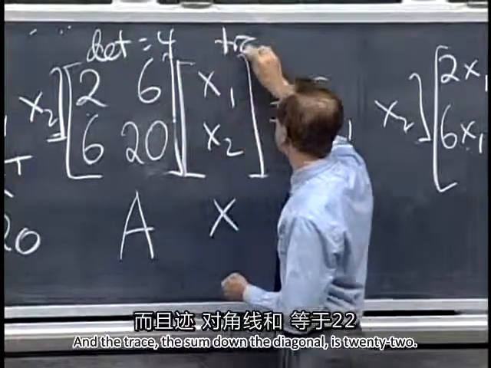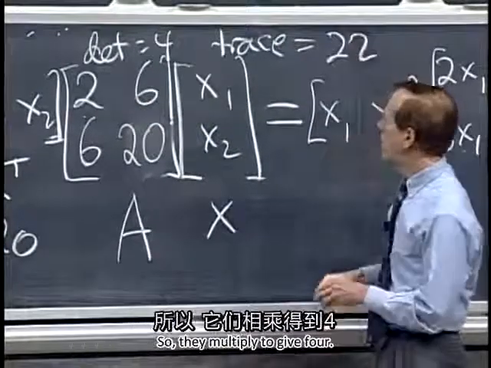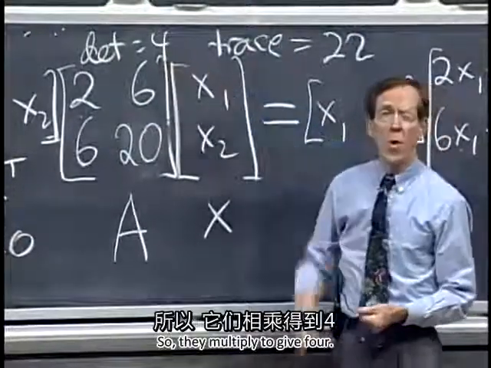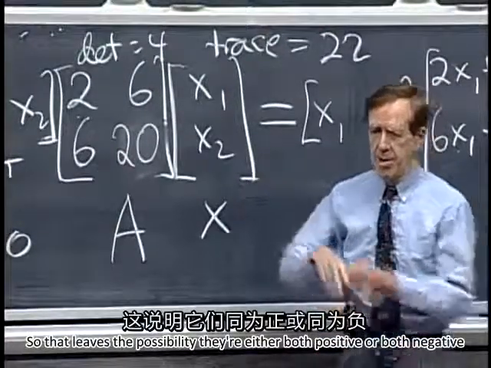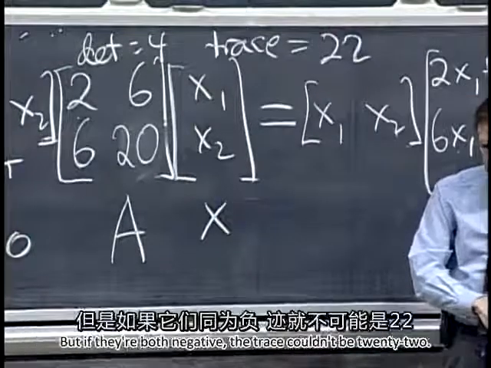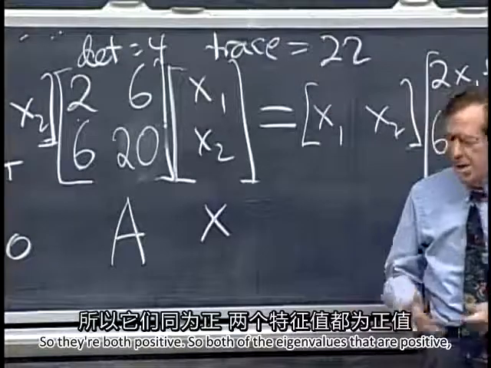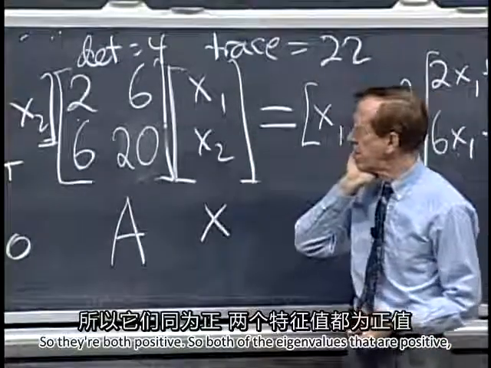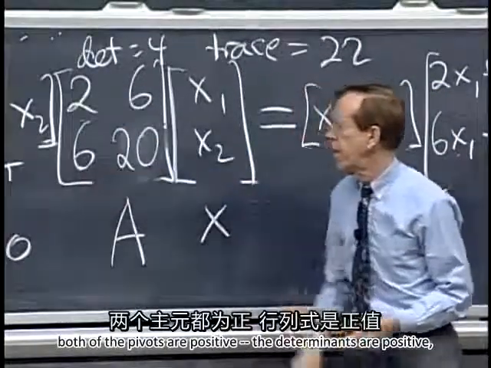And the trace, the sum down the diagonal, is 22. So they multiply to give 4. So that leaves the possibility they're either both positive or both negative. But if they're both negative, the trace couldn't be 22. So they're both positive. So both of the eigenvalues there are positive. Both of the pivots are positive. The determinants are positive.